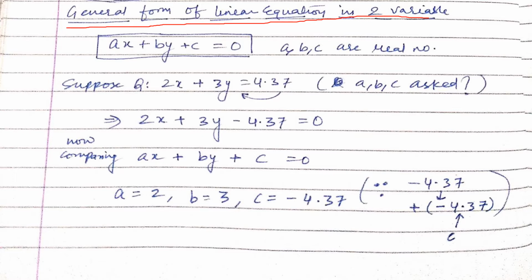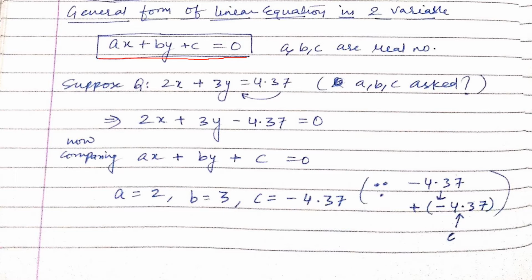For that, we can use this structure, that is ax plus by plus c is equal to 0, in which x and y are the variables and a, b, c are the real numbers or the constants. Understood? So whenever a question comes that says write the given equation in standard form or the general form, you have to write the equation in this form only, that is ax plus by plus c is equal to 0. This makes it easy to compare, nothing else.